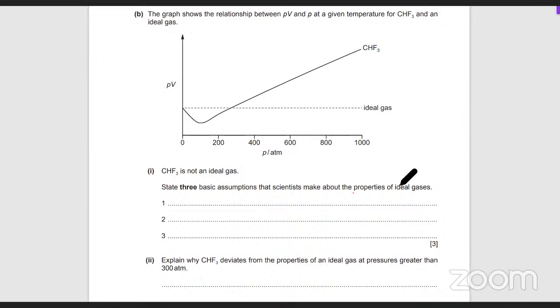So negligible intermolecular forces, ठीक है, that's one. And the volume occupied by a gas molecule is negligible compared to the total volume occupied by the gas. And the third, क्या? Gas molecules are rigid spheres, is it?